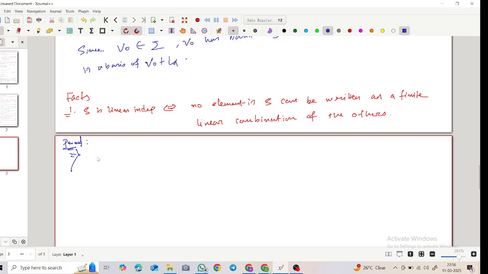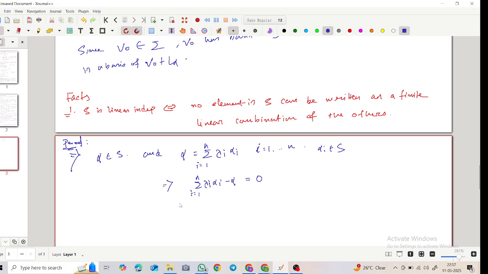Suppose you take alpha belongs to S, and suppose alpha can be written this way, where alpha is in S. Then the problem you get is that summation lambda I alpha I, I from 1 to n, minus alpha is 0, right?